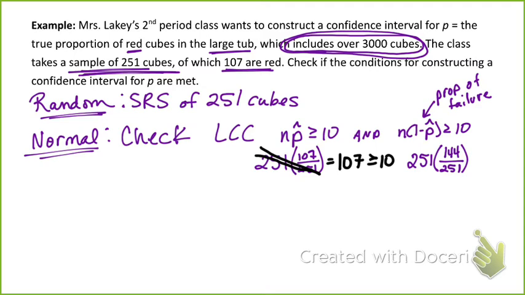Where did I get 144 from? Subtracted. Yeah, I took 251 and I subtracted the 107 red cubes. Now I have 144 non-red cubes. Hey, what's 251 times 144 over 251? Pretty sure it's 144. Do we have ourselves a normal distribution? Yes, we do, because this worked.